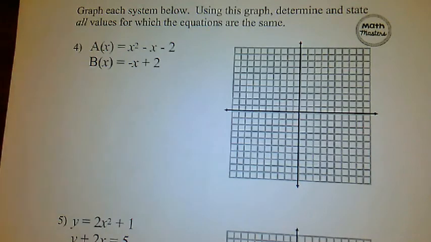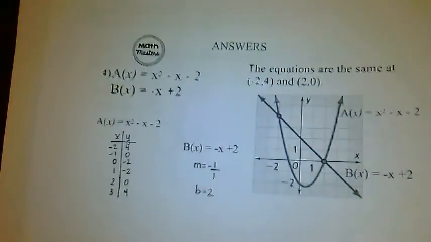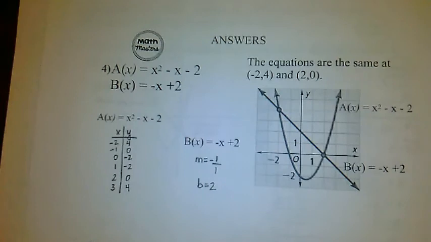All right, questions 4 and 5. Again, we have a of x and we have b of x. It's really no different. We have a quadratic and we have a linear equation. Throw those into your calculator and plot them. For my quadratic, make sure you have some really nice points.